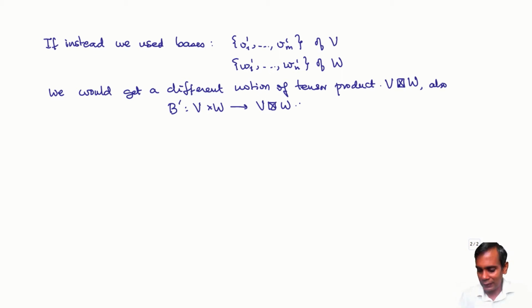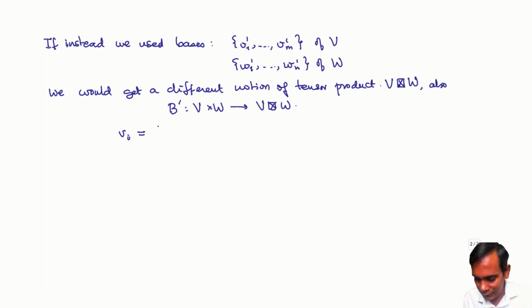But what I want to say is that these two notions of tensor product are somehow the same. We can identify the vectors in one with the vectors in the other very naturally. So to do this, let's firstly take v_i. This is an element of V, and so this element can be expanded in terms of any basis of V. So let's expand it in terms of this basis v1 prime, v2 prime, dot dot dot, vm prime.